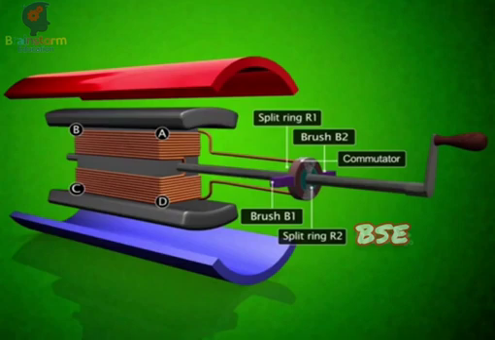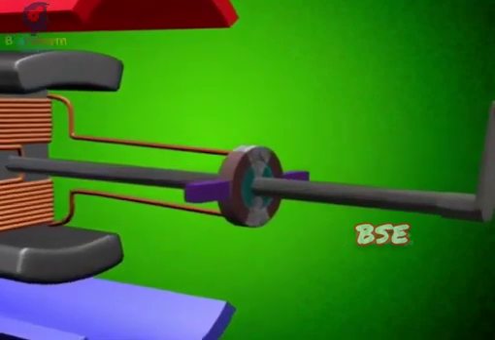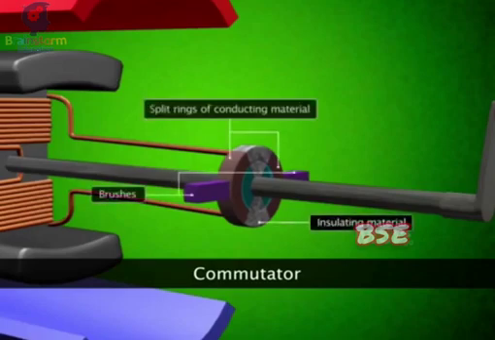R1 and R2 are connected to the arms CD and BA. The commutator is a slip ring that can be slipped on the axle of the generator. The slip ring is formed of two split rings of conducting material, separated by insulating material.